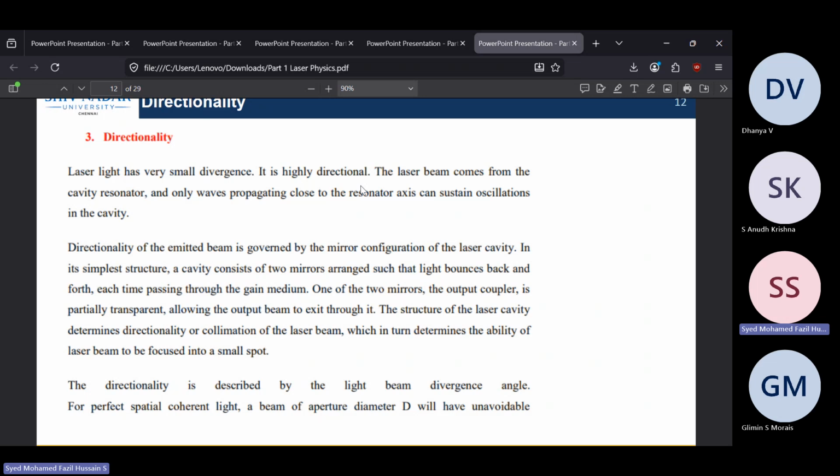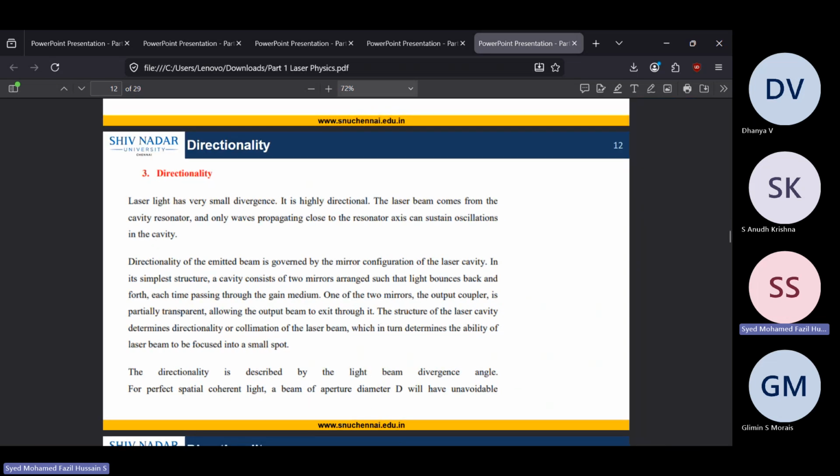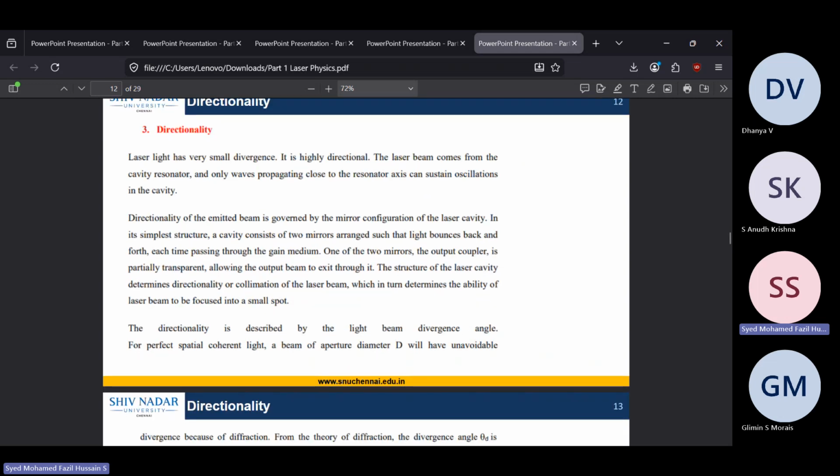The polarized photons can only be emitted out of that cavity. So that's why those photons are emitted in a specific way, and in that direction only it travels. Therefore, it is highly directional, is what this slide is about.